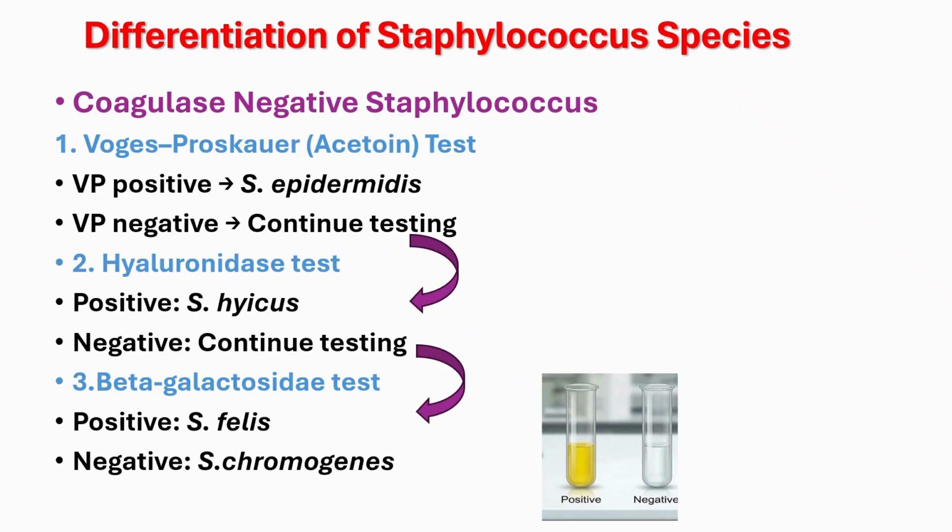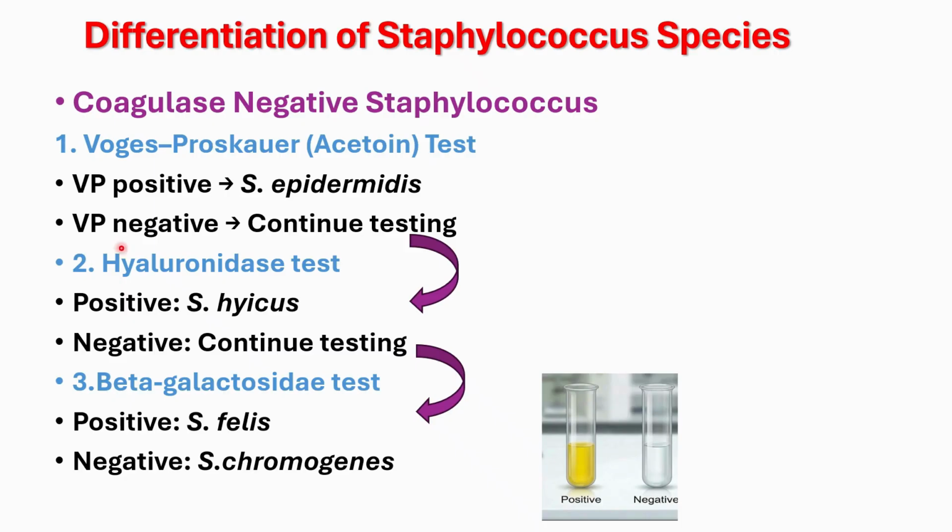Now let's look at the identification of coagulase negative Staphylococcus species. The first test we will conduct will be the VP test, or acetoin test, which detects the production of acetoin during glucose metabolism. If the VP test is positive, showing a red coloration of the medium, the organism is identified as Staphylococcus epidermidis.